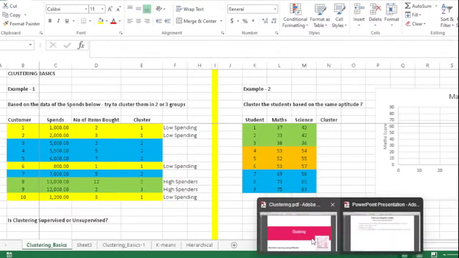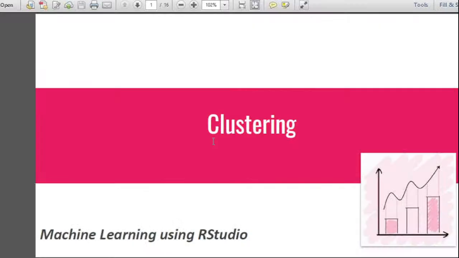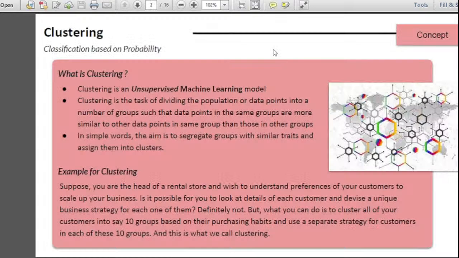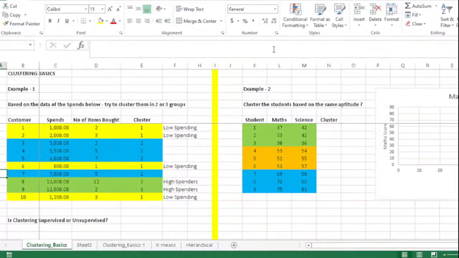So let's see what clustering is. Though I have explained it, we'll quickly read through so that in case we have not missed any point. Most importantly, it's an unsupervised machine learning model. Why unsupervised? In this, do you find any variable as dependent variable or independent variable?